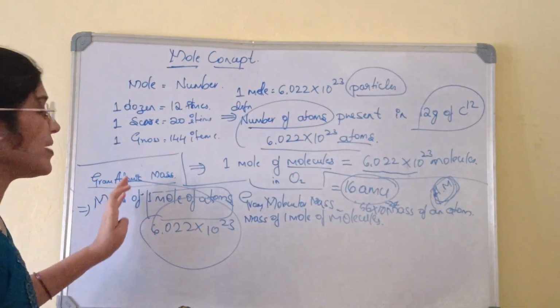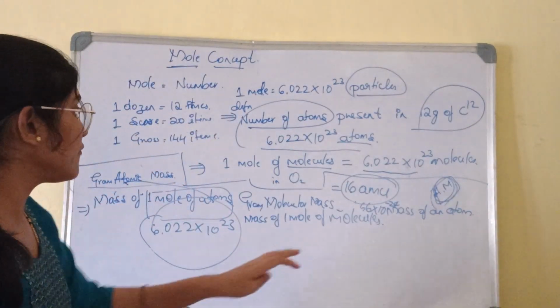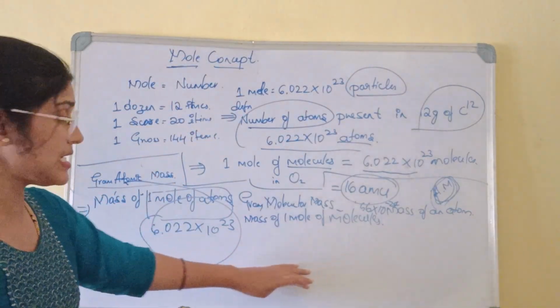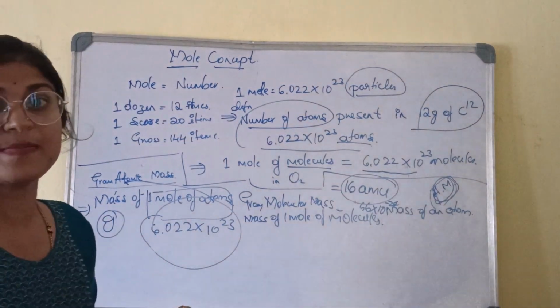But in gram atomic mass, the mass of 1 mole of atoms or the mass of 1 mole of molecules is represented in grams.